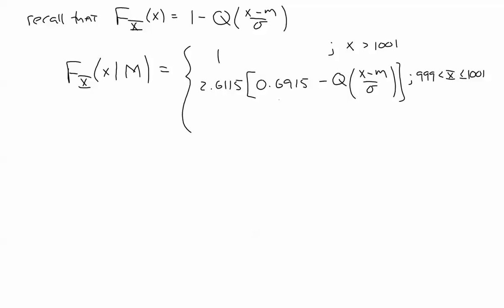And by the way, that value is 1 minus my conditional cumulative distribution function evaluated at 999. And then it's 0 in this range. Okay? It's there. That's my conditional cumulative distribution function.